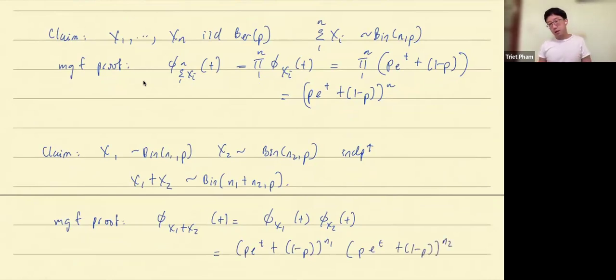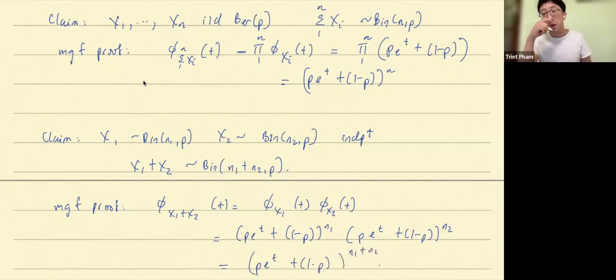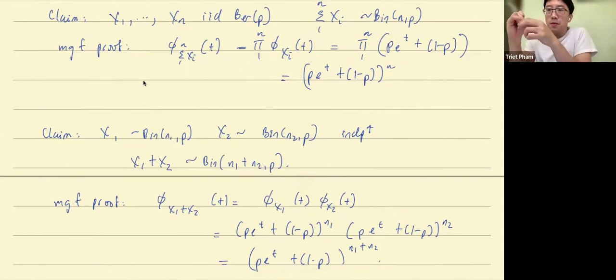This is exactly where you see we have to have the same P, because if we don't have the same P, this cannot be combined. But they're the same P, so we get N1 plus N2. Once again, this is the MGF of a binomial. Therefore, this has a Binomial(N1 plus N2, P) distribution.